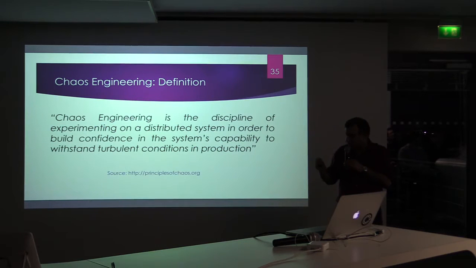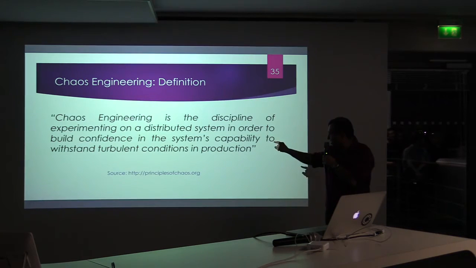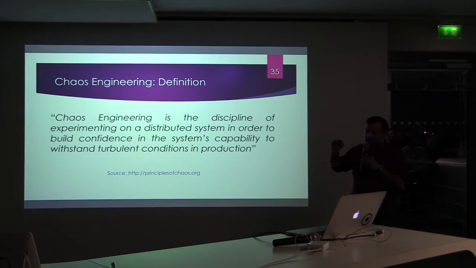This is the textbook definition of chaos engineering: it is an experiment, but the key characteristic is that you inject failures into the system that mirror your actual failures in the real world and see how the system behaves and recovers. For example, think of all the distributed systems failure modes.